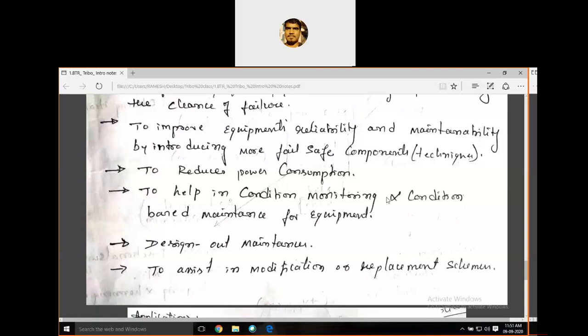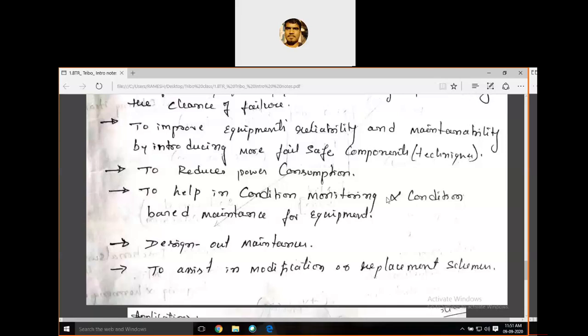We can trust that component without any second thought and easily use it for our purpose. That is reliability. And we can also reduce the maintenance. If you use a proper tribological solution, indirectly it will reduce the overall maintenance of that equipment.